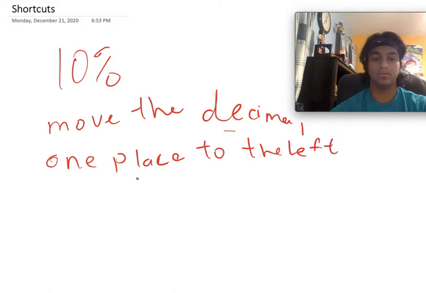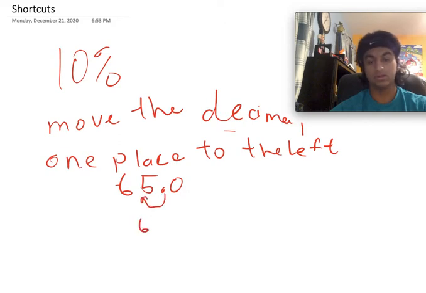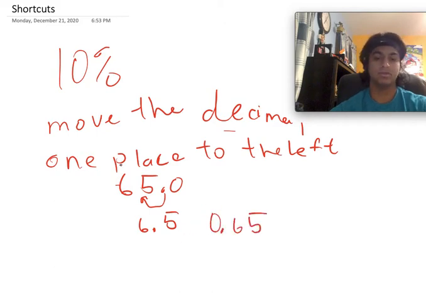So what does that mean? If you have a number, let's just say 65, to find 10% of 65, the decimal is right here, just to let you know. Move the decimal over here. So your answer would be 6.5. To find 1%, you'd do it twice, so you'd end up with 0.65. So there you go.